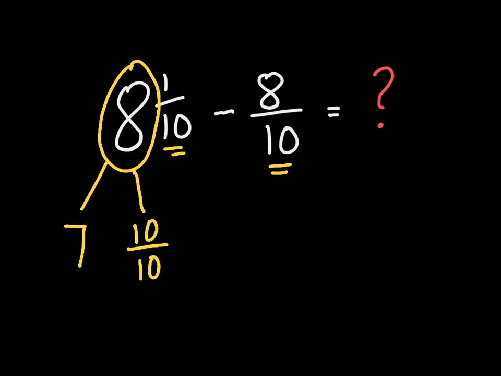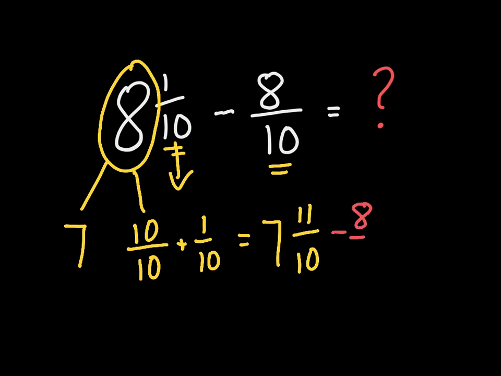Because 7 plus 10 tenths is really equal to 8 wholes. Don't forget to add on your fraction, 1/10. So now we've got 7 and 11 tenths. And now we can subtract that with 8 tenths.